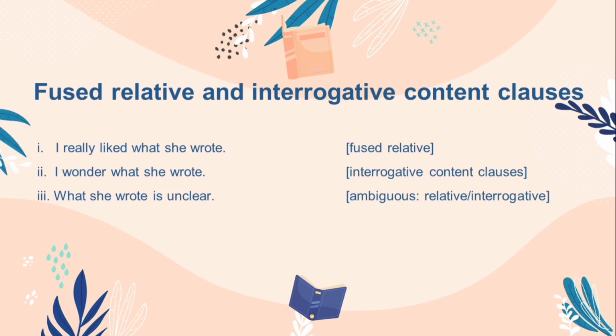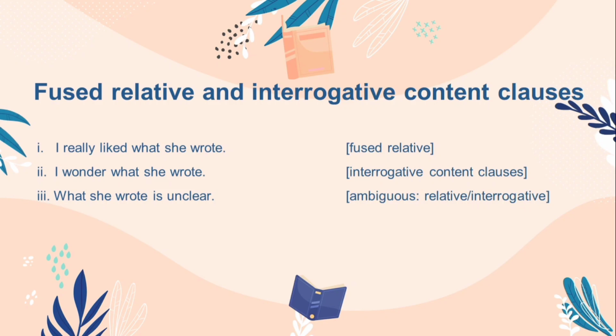And in the last example, what she wrote is unclear. It is ambiguous. It can be a relative or interrogative content clause because the word unclear licenses both of them. For the fused relative interpretation, that which is unclear is probably a report or a letter or anything.